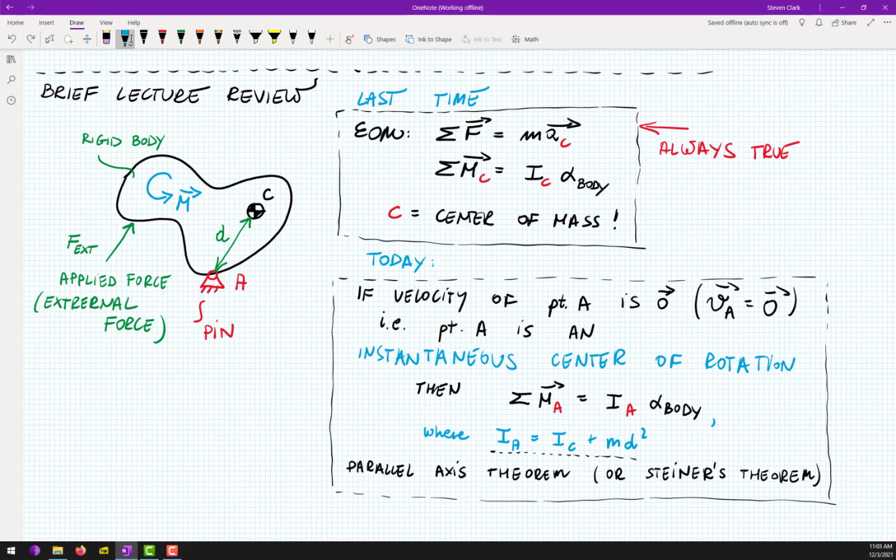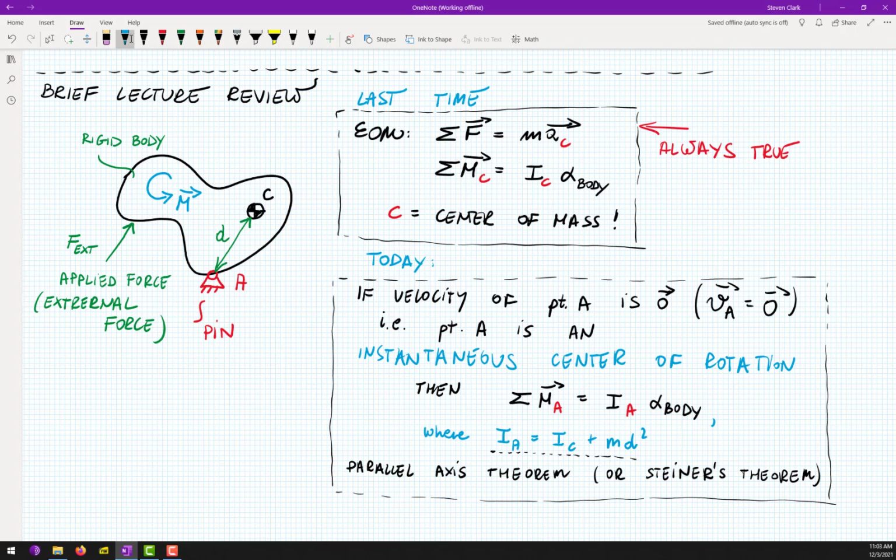So last time we said that if we sum the forces acting on our body, they will result in this expression: the sum of forces is equal to m times AC, where C is the center of mass.